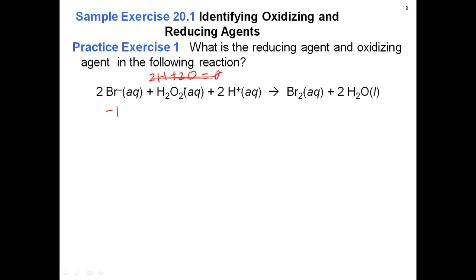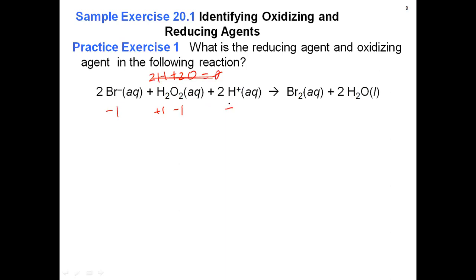You cannot solve the equation for both of them; you have to get a number first. So you go to rule number 5, you will see H gets its number first, that's +1. So if H is +1, 2 times +1 is +2, therefore O is -1. Even though most of the time oxygen is -2, in this particular hydrogen peroxide, oxygen is -1.